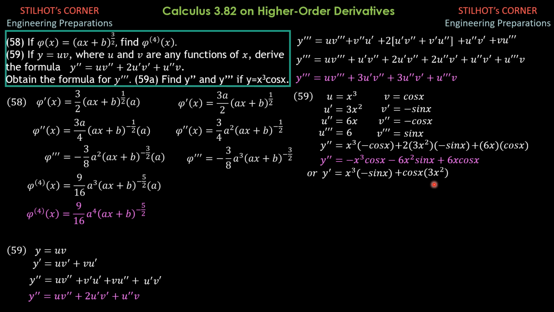So that's the first derivative. y double prime is we have derivative of product: x cubed times derivative of negative sine x is negative cosine x, because derivative of sine x is just cosine x, we just copy the sign, plus second, negative sine x, derivative of first, 3x squared. So negative sine x times 3x squared.